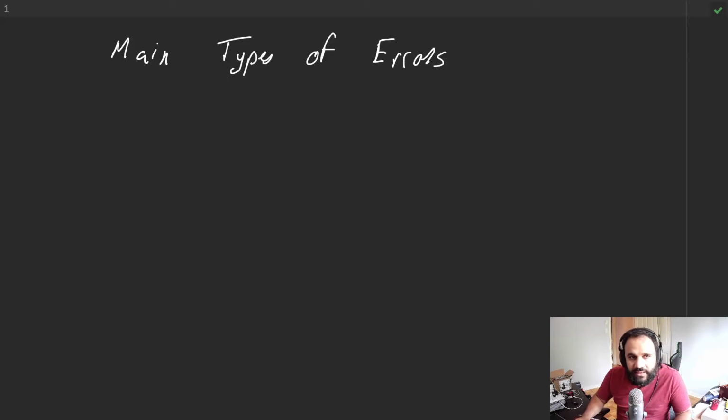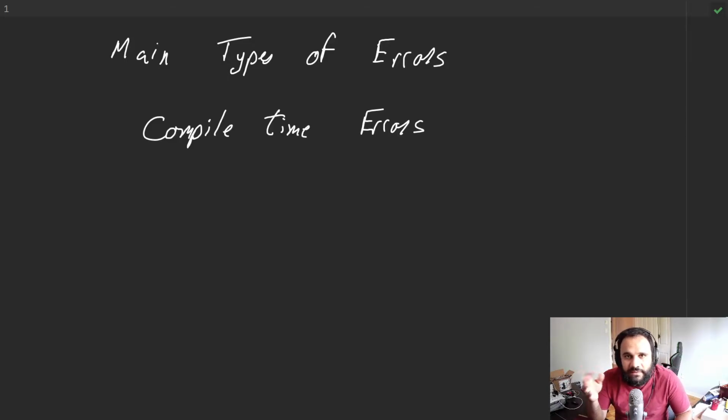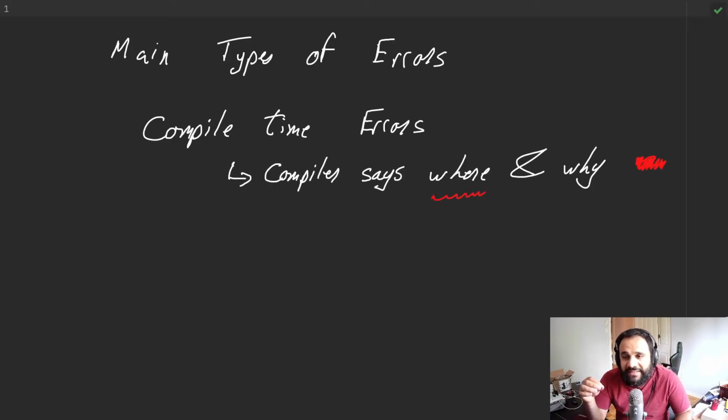So the compile time errors are easy. We see them basically everywhere when we're coding. When we see those red squiggly lines underneath something or the red highlights, those are basically errors.